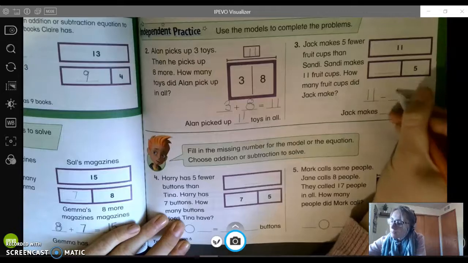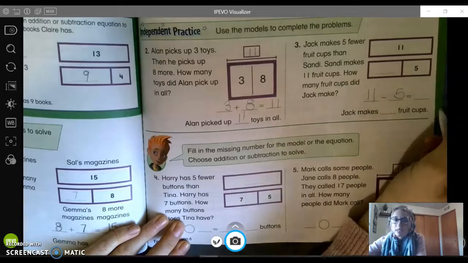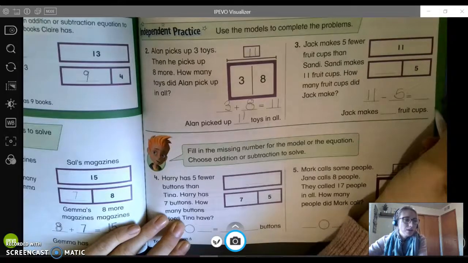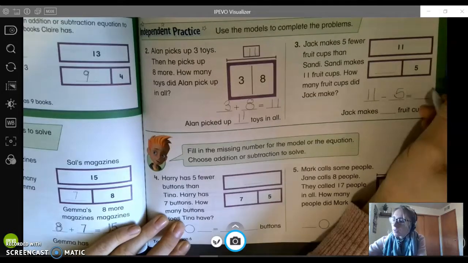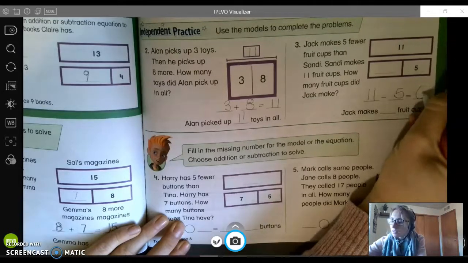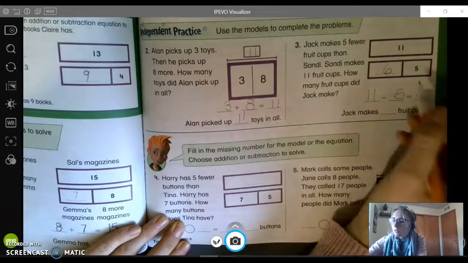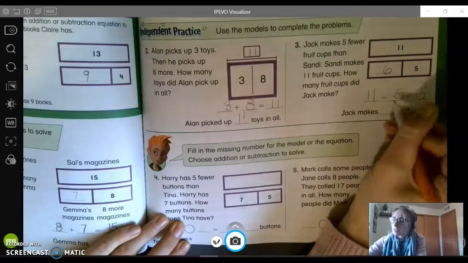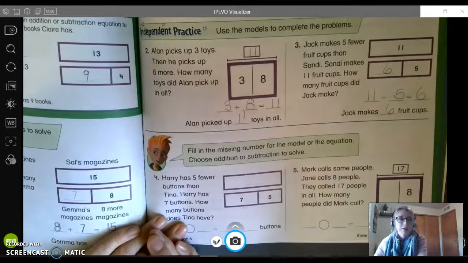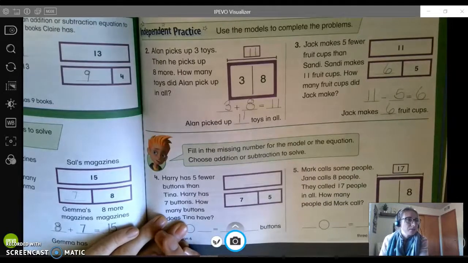So 11 minus 5 equals how many left? Use your number line or any tool you know how to use to solve this problem. And the answer is 6. I write that on the line and I write it in the box and I write it over here for the answer.